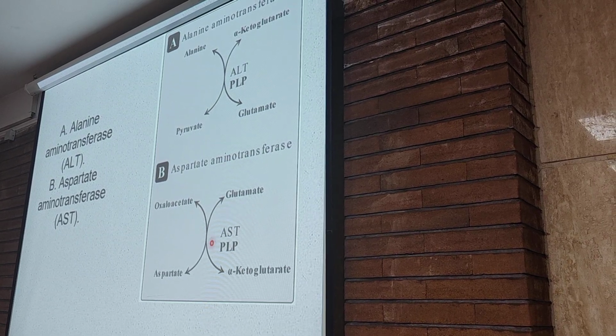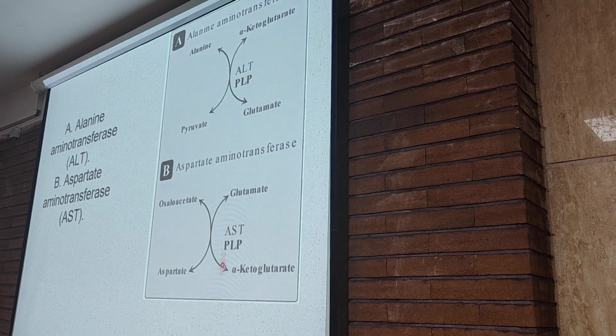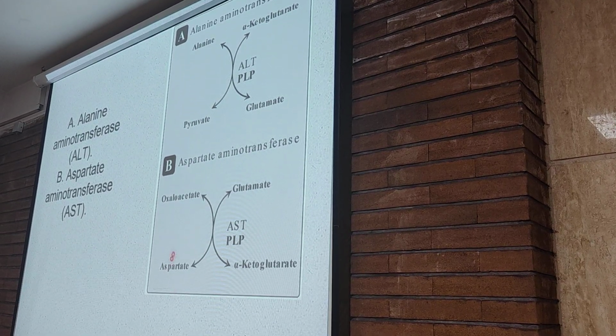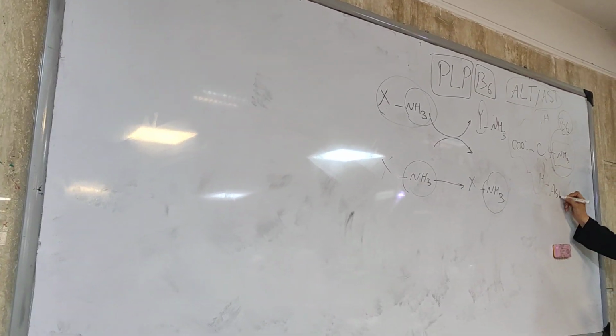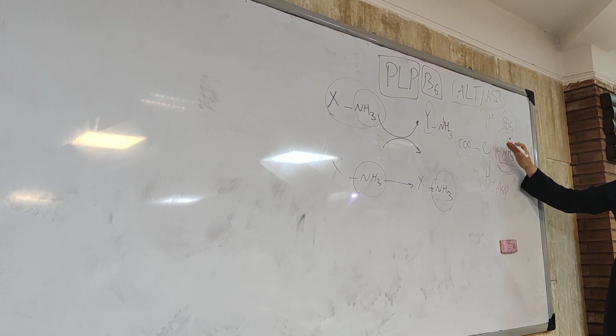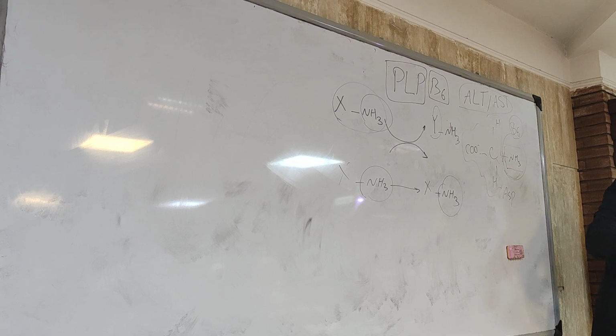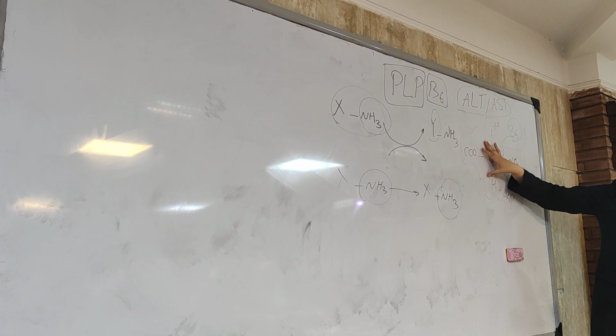Another aminotransferase is aspartate aminotransferase. Please pay attention to the direction. Now, this is aspartate, aspartic acid. At first, it should be transaminated and release its amine group and produce another kind of carbon skeleton.